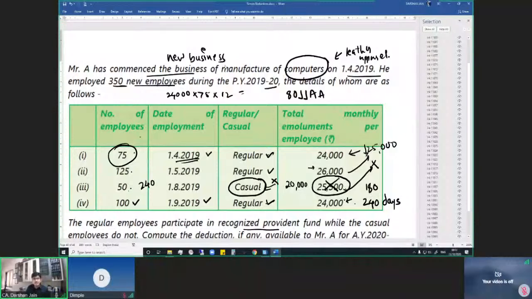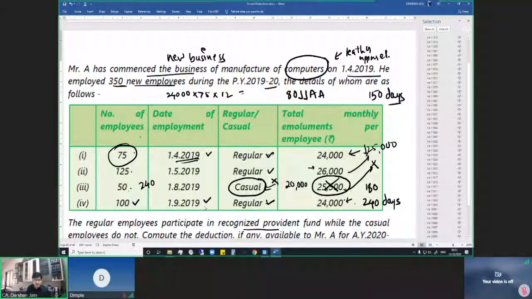Had the information been that Mr. A is into the manufacturing of leather or apparel or the specified business there, the limit would be 150 days in respect of employees.